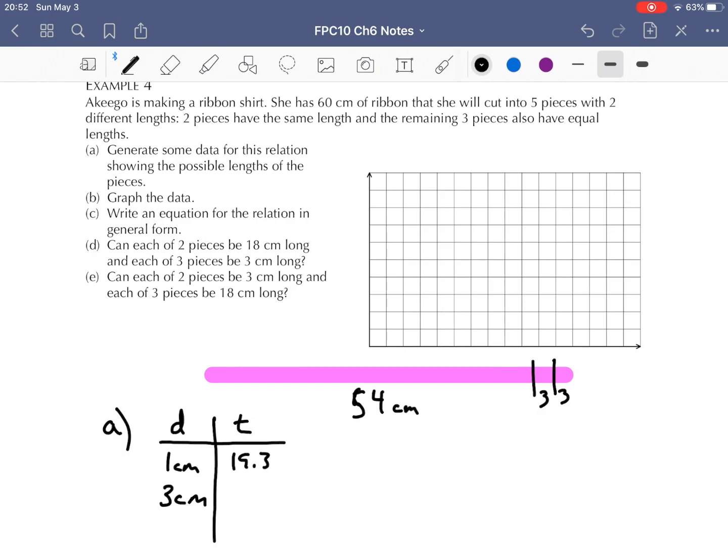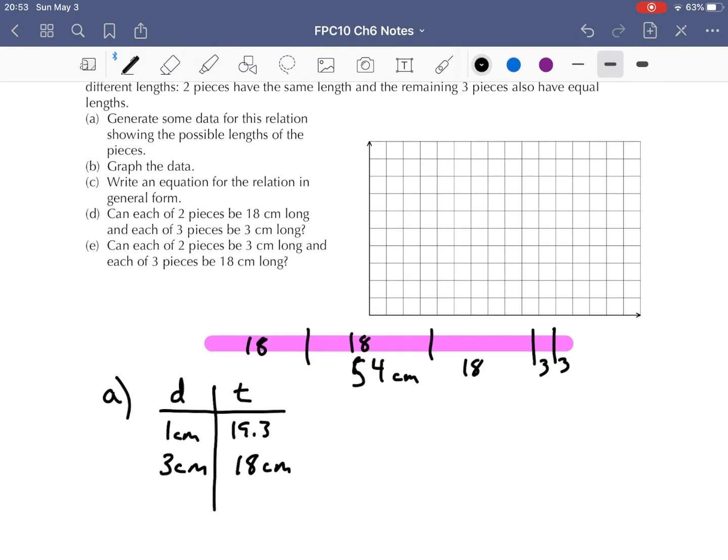That means I have 54 centimeters left over. And 54 centimeters cut into 3 will be 18 centimeters. 18, 18, 18. Well, that was some nice easy numbers.